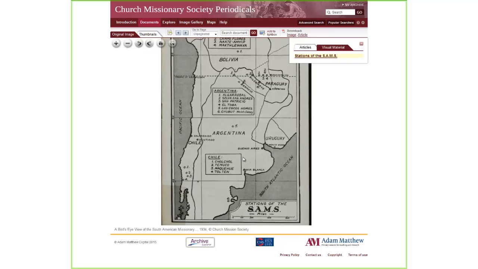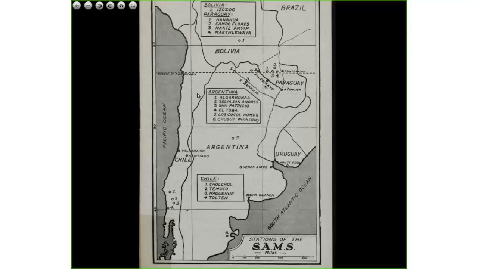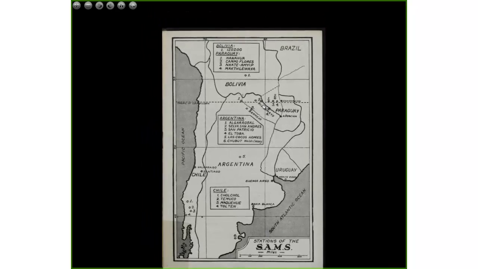So we can see here actually, if I just close this, that by searching for Argentina and Uruguay on our interactive map, it's brought back this page within a bird's eye view of the South American Missionary Society, and this is basically just a map indicating where the main mission stations are and main cities.